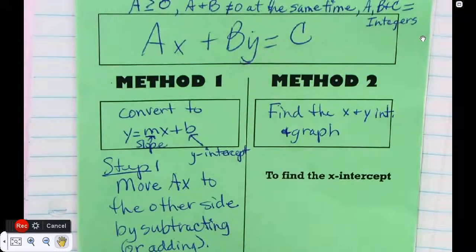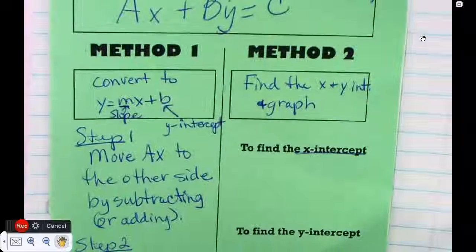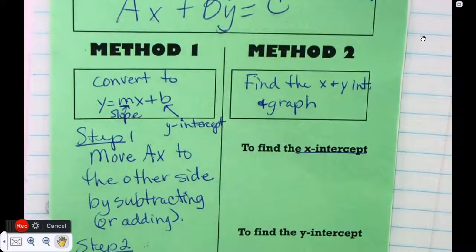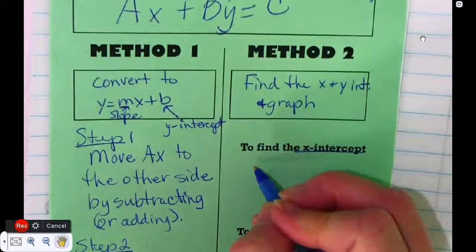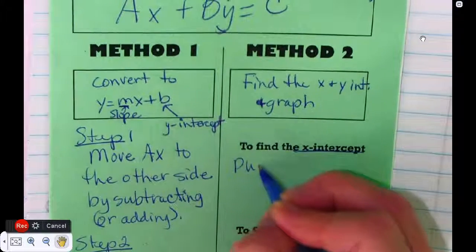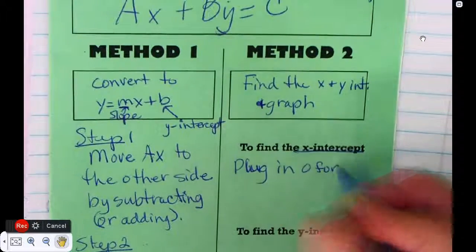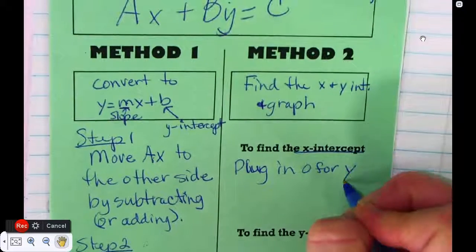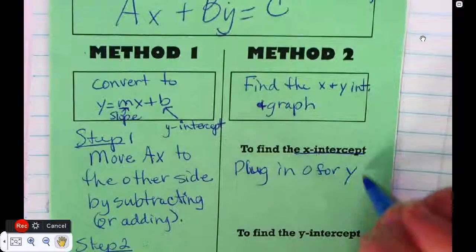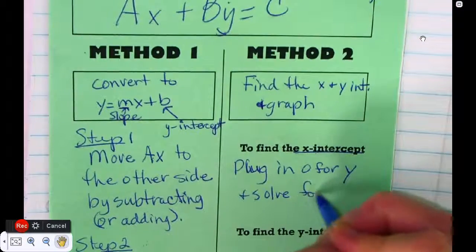Okay. Now, how did we just say we're going to find the x-intercept? If we don't have the table or the graph to look at, what did I say we could do? What's our last option? Plug in what? Plug in 0 for y to find the x, and solve for x.